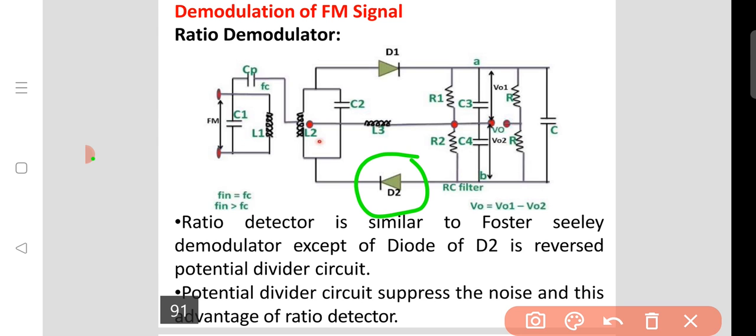Why is that? When this diode is reversed, it acts as a potential divider circuit.